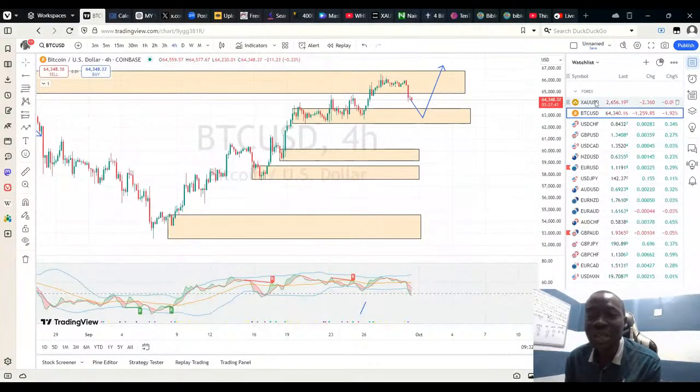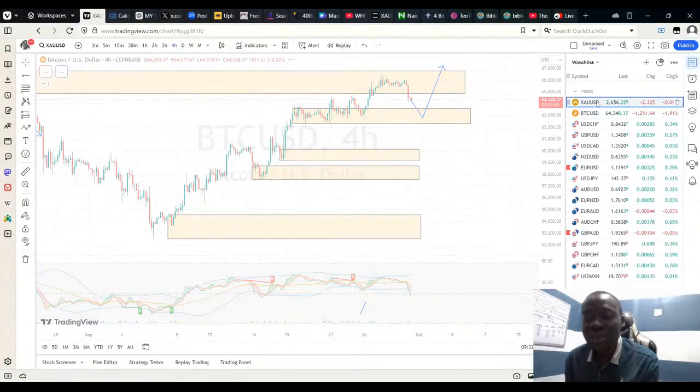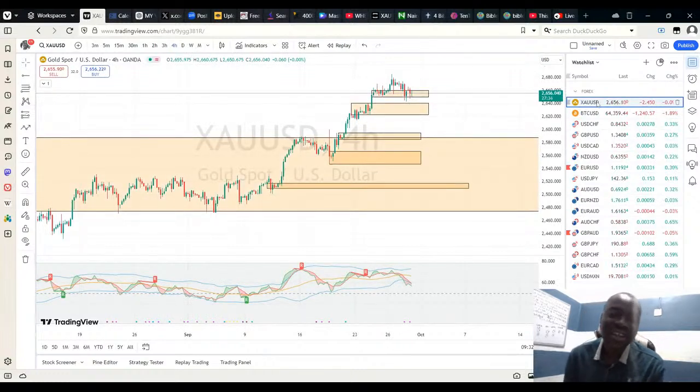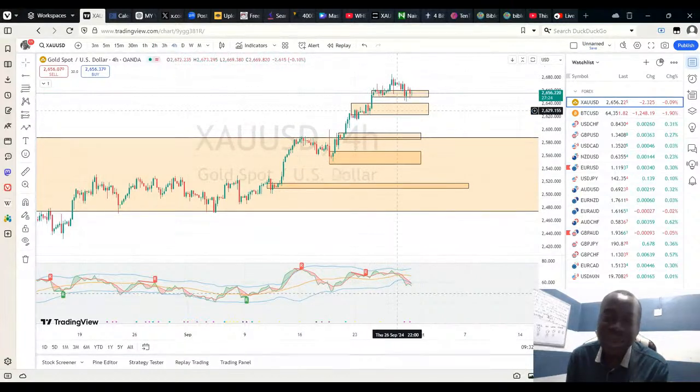So far, so good. Let's look at gold, the Oga of them all in this channel that we always love to trade. Looking at gold, gold is still going golden bullish.